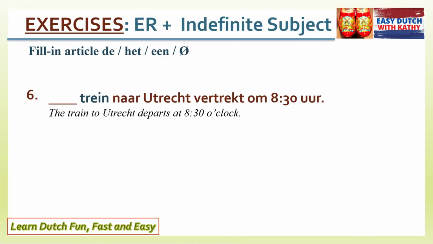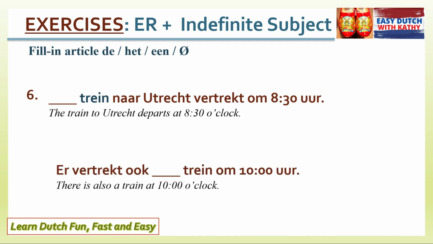6. De trein naar Utrecht vertrekt om 8:30. The train to Utrecht departs at 8:30. Er vertrekt ook een trein om 10:00. There is also a train at 10 o'clock.